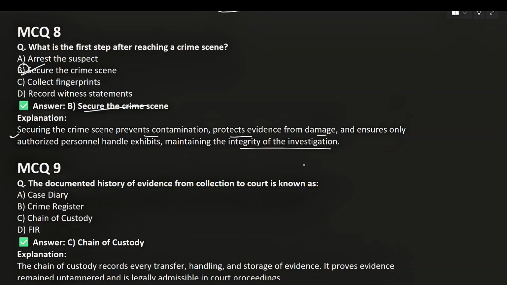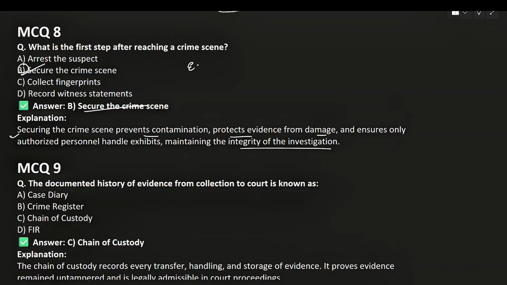This prevents unauthorized people from entering, protects evidence from contamination or damage, and ensures that every piece of evidence remains in its original condition until it is properly documented or collected. So exam tip: no investigation should begin before the crime scene is secured.